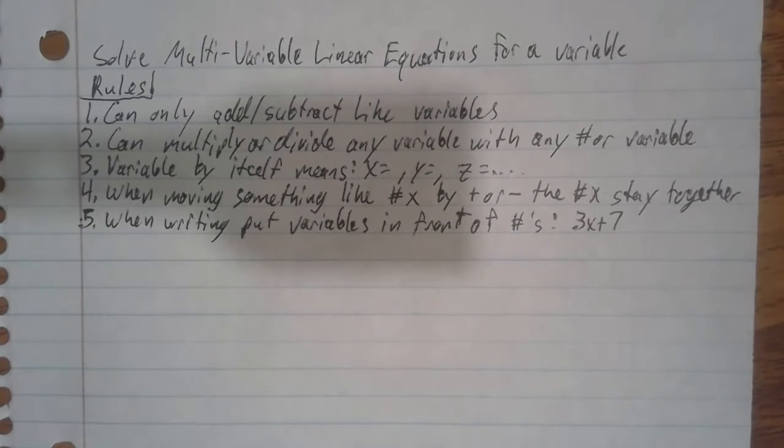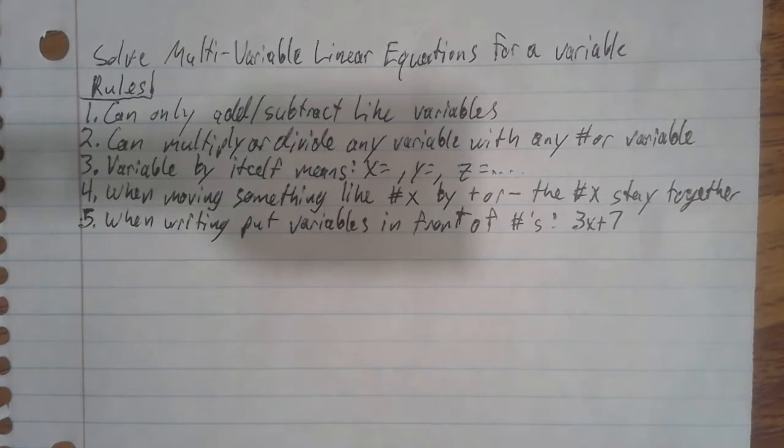So we have these 5 rules here that I would like us to go with and follow. We're going to go over those before we actually start doing some examples. So rule number 1 says you can only add and subtract like variables. X's with X's, Y's with Y's, A's with A's. You can't mix X's and Y's when you add and subtract.